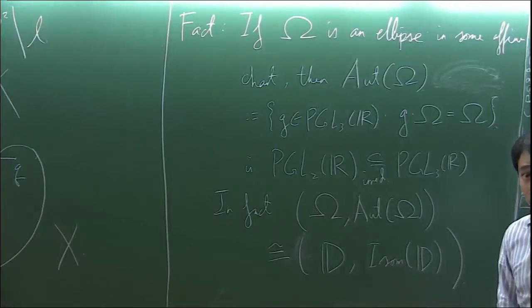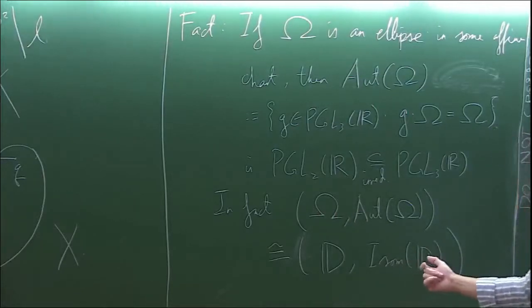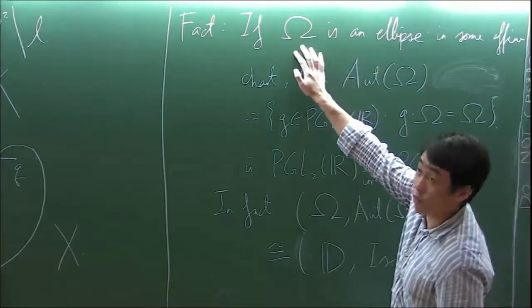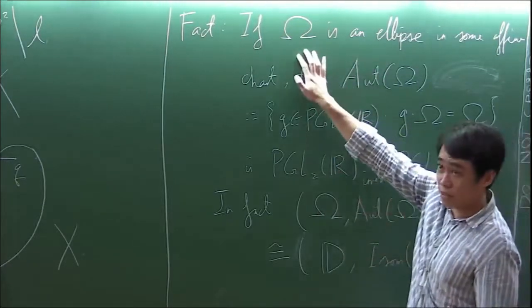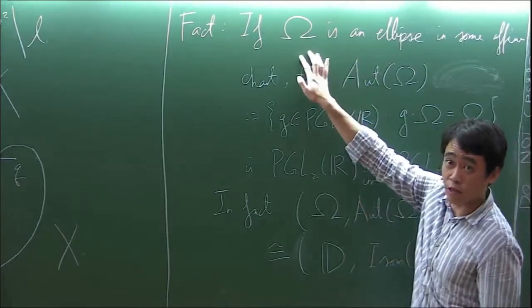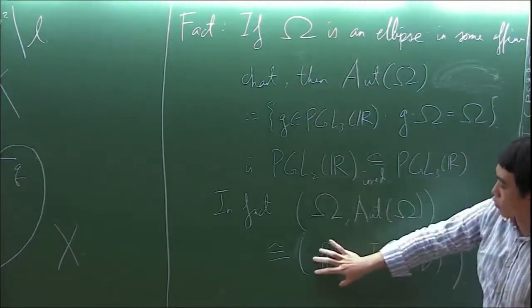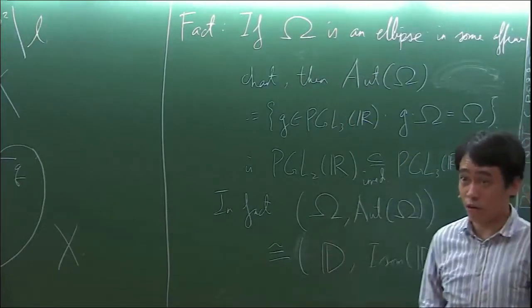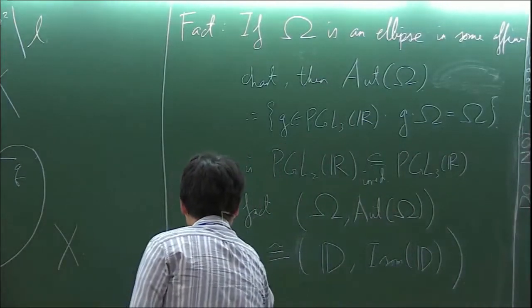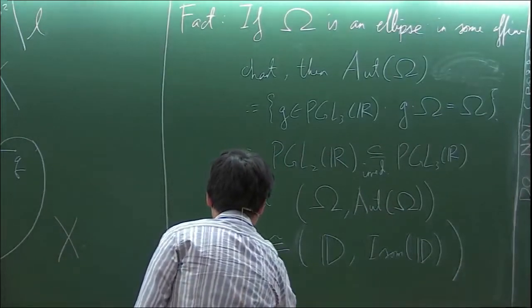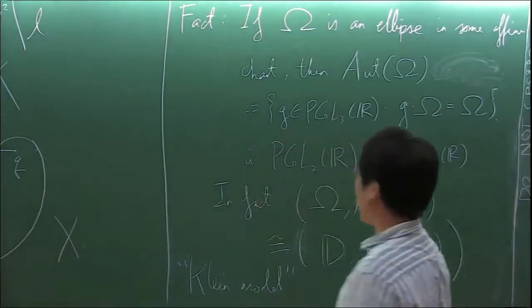Also, this tells you that when you start with this properly convex domain, which is an ellipse, then there is a natural Riemannian metric you can define on this. Basically, you just pull back the Riemannian metric on the Poincare disk onto here. And this is called the Klein model for the Poincare disk.